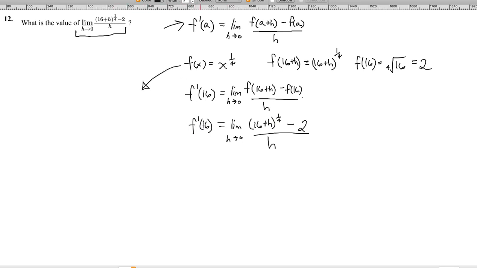Now that we know that this here is just f prime of 16, I can forget about the limit, and what I can do is just solve for what f prime of 16 is.